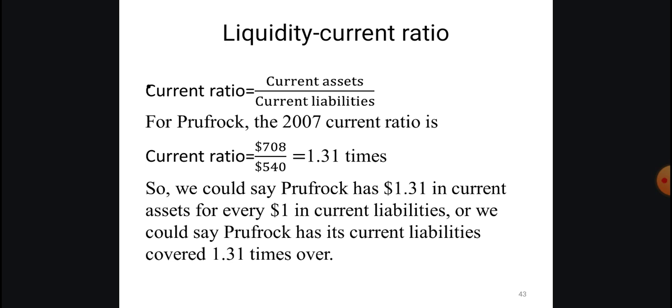This means current assets are 1.31 times the current liabilities, or in other words, the current assets cover 1.31 times the current liabilities. So at least this corporation is able to cover its current liabilities using its current assets.